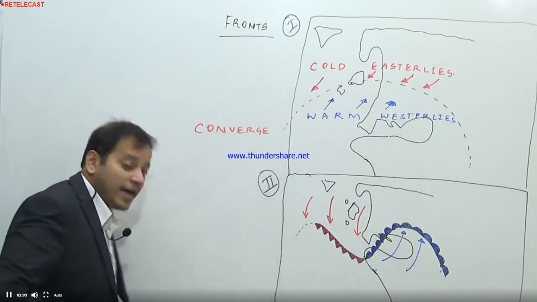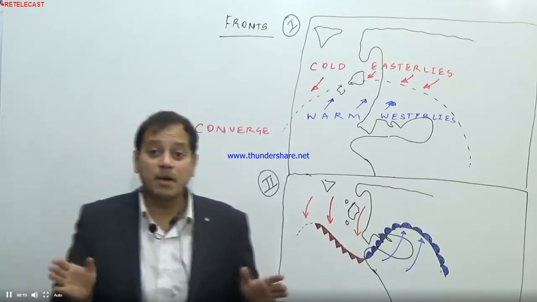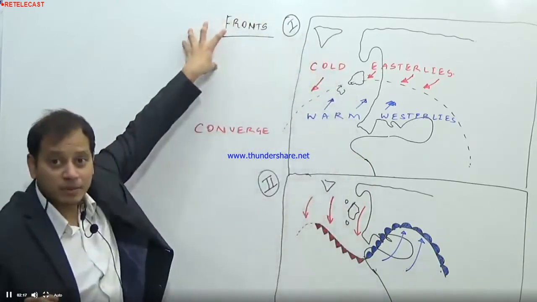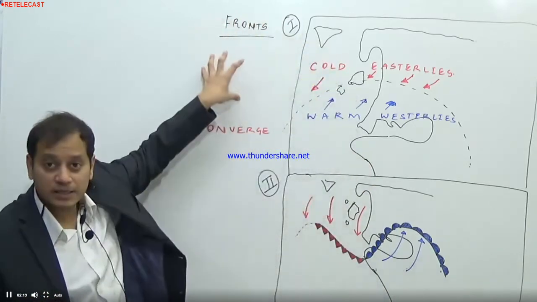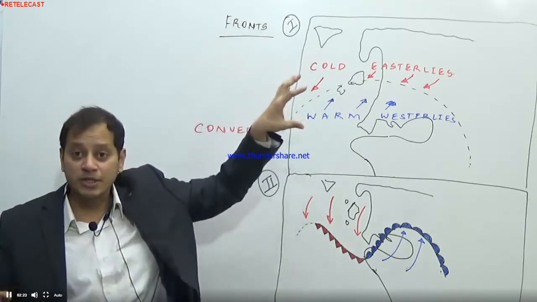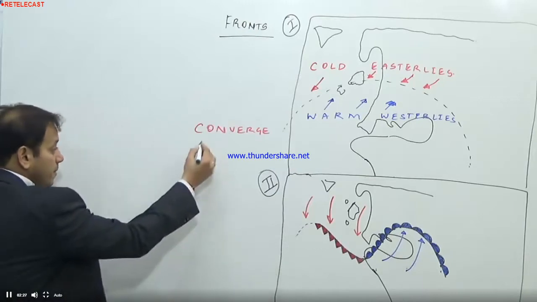or they collide at a place which is known as the subpolar low pressure belt, because from the polar regions in both the north and the south hemisphere, the cold polar easterlies originate and they blow towards the subpolar low pressure belt.